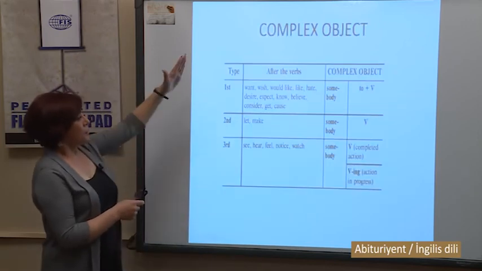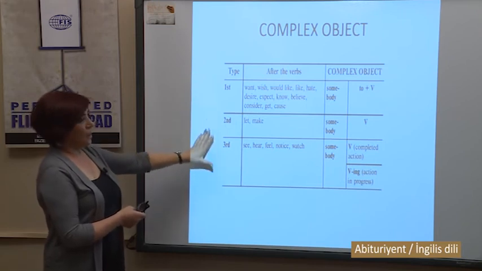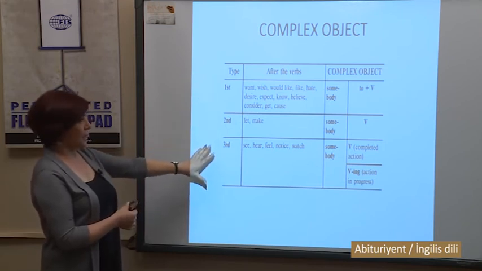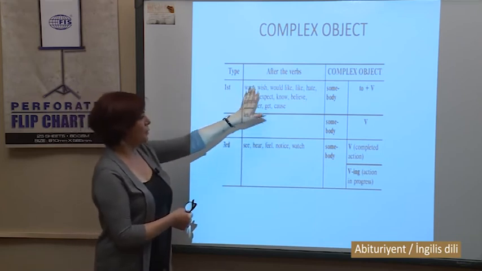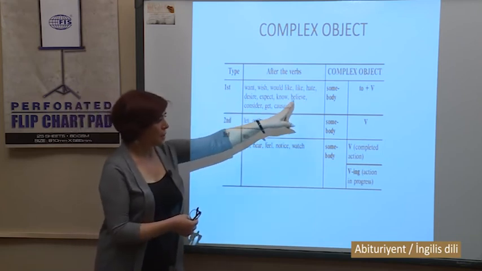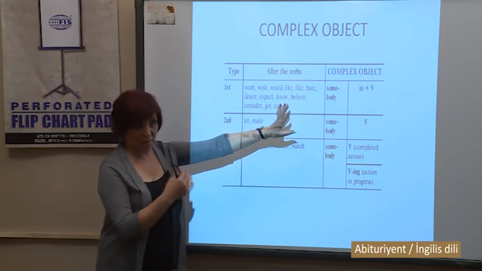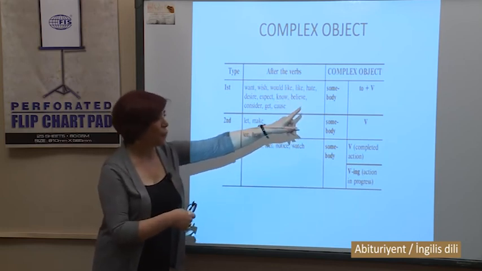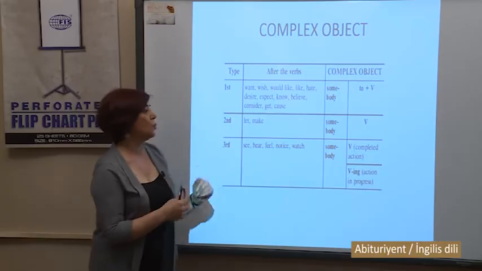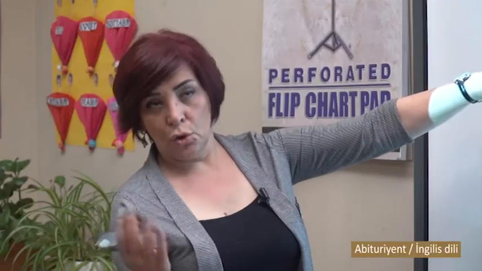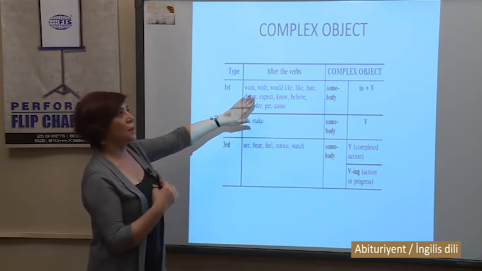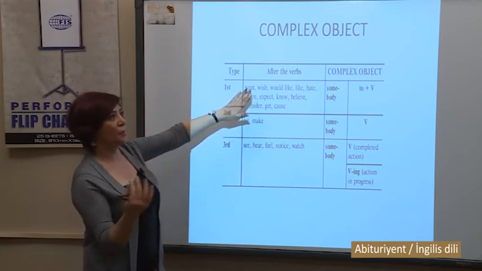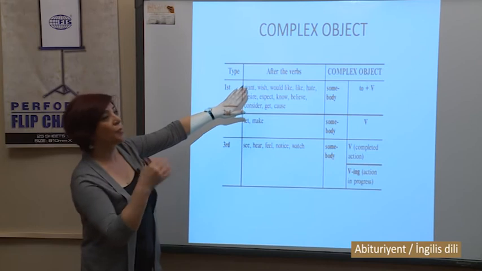And so again, types of the complex object, as you see here. First type is after the verbs that require someone, it means that the object and a verb to be used with to. I want you, or I want him to come early, or I wish all people to be happy.